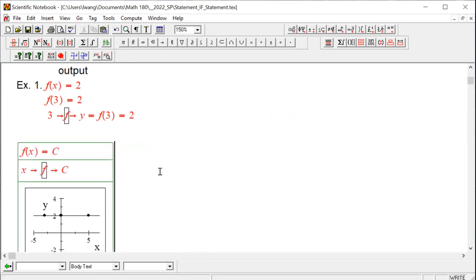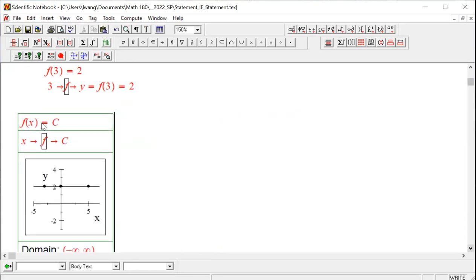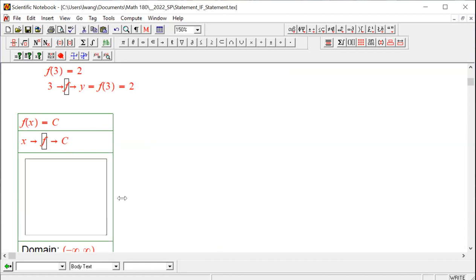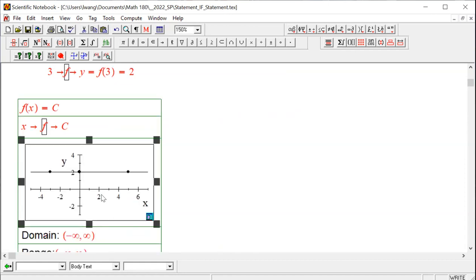From this picture, we can tell, with the input 3 given, where 3 is. Let me make the picture a little bit larger.